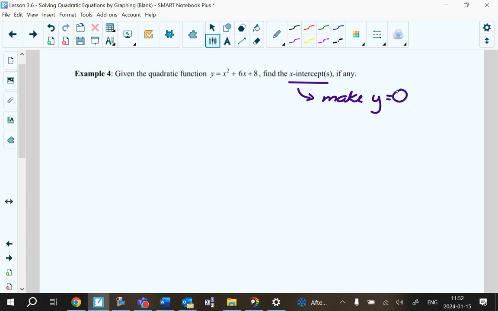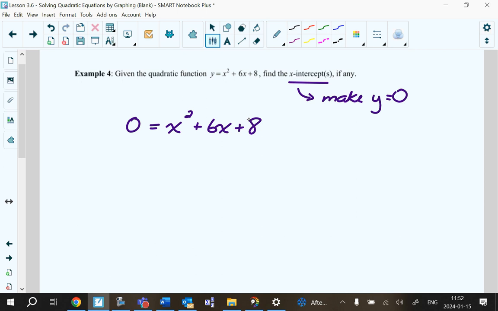So I can actually find the x-intercepts without having to do all the graphing. So instead of y, I'm going to put 0 equals x squared plus 6x plus 8. Solve it. How are you going to solve it? What method?